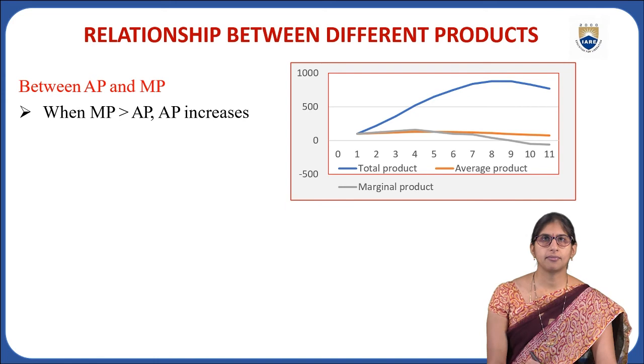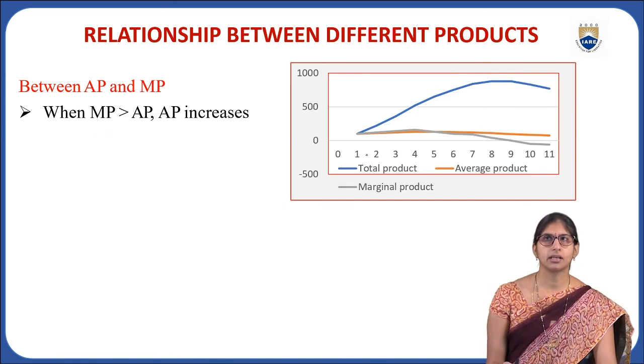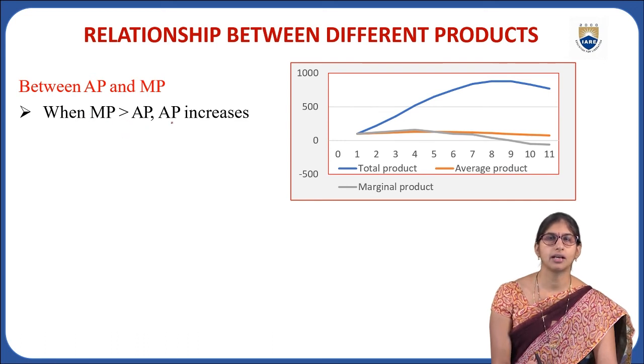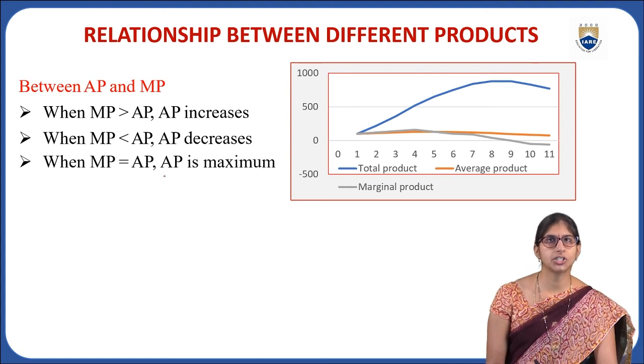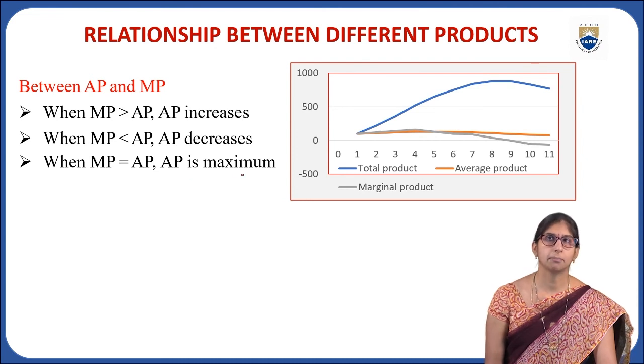When the marginal product is greater than average product, the average product is increasing. Okay, we are talking about only average product and marginal product now. When marginal product is less than average product, then average product decreases. And when marginal product is equal to average product, the average product is maximum.